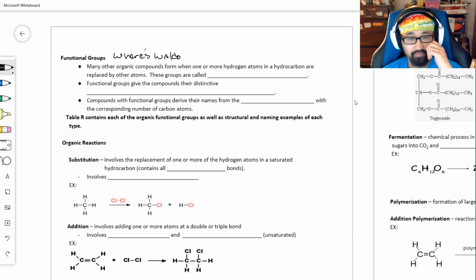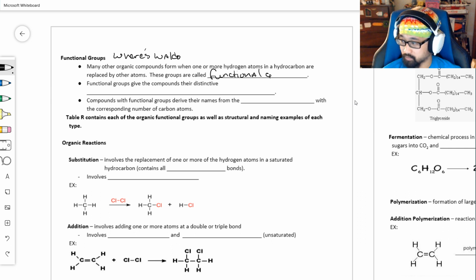Now, if you have organic compounds where some of the hydrogens in a hydrocarbon are replaced by other atoms, which, by the way, are called functional groups, functional groups will give the compounds their distinctive physical and chemical properties.